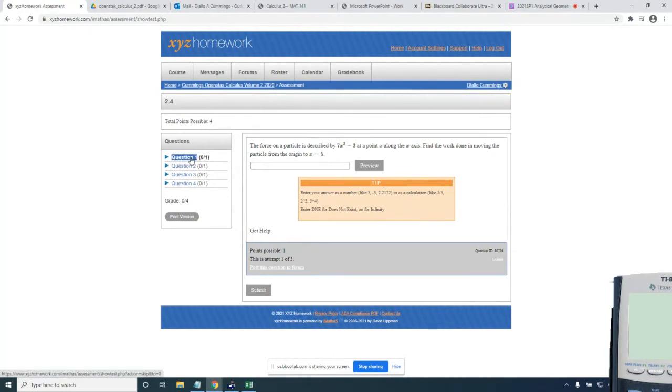The only thing is, for question number 1, there is no video associated with it. But we're given this question. It says the force on a particle is described by 7x cubed minus 3 at a point x along the x-axis. We're asked to find the work done by moving the particle from its origin, which would be 0, to x equal to 5.